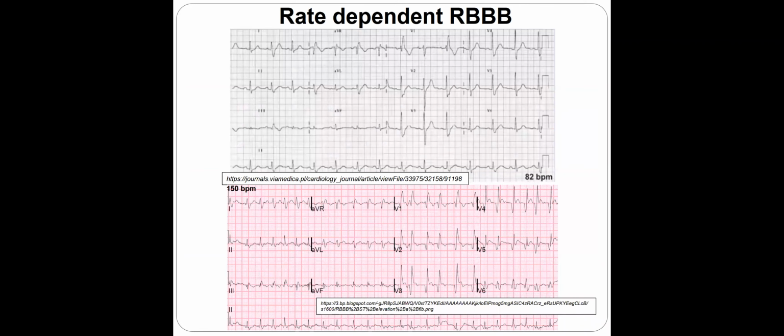If you see some repolarization difference between the right and left side, at a higher rate every beat shows the pattern of right bundle branch block. However, at a lower rate you can see some normal beats, and after some, an abnormal right bundle branch block pattern can develop.